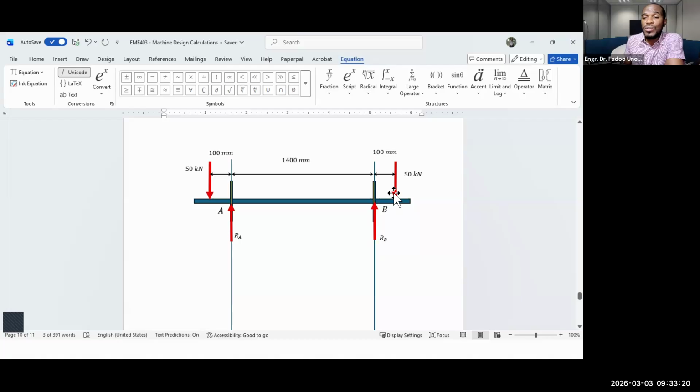And then we can also take moments of this second 50 kilonewtons about that, and this will be 50 kilonewtons times 1,500. That's the total distance from the line of action of this second 50 kilonewtons to the point at which we are taking our moments. Okay, please do note that very carefully.